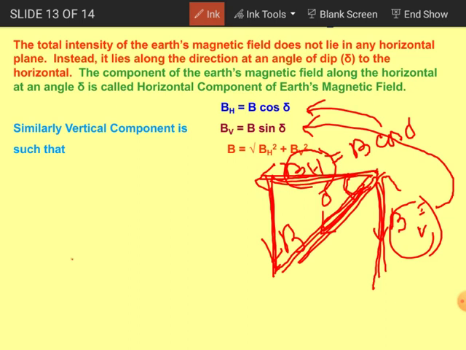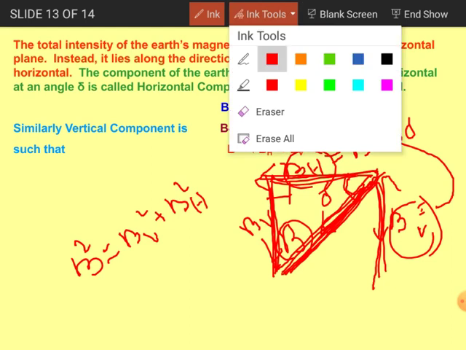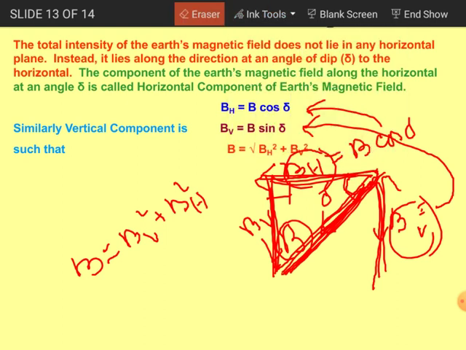This will be the right angle and this will be the hypotenuse. So the length of the hypotenuse represents the earth's magnetic field B. By using Pythagoras, B square will be equal to BV square plus BH square, right? Got it? So this is your BV and this is your BH. If you want to find B, then you have to take the square root.